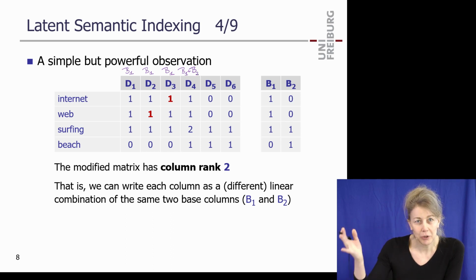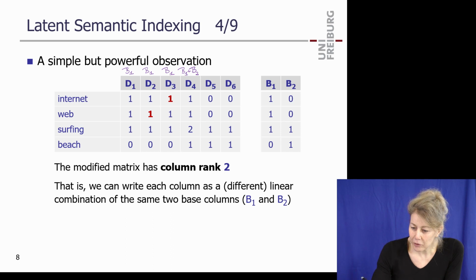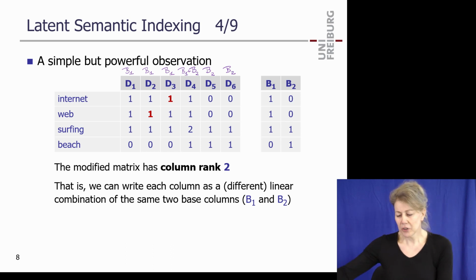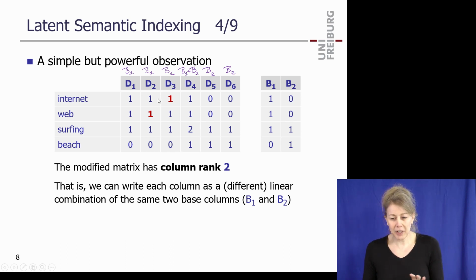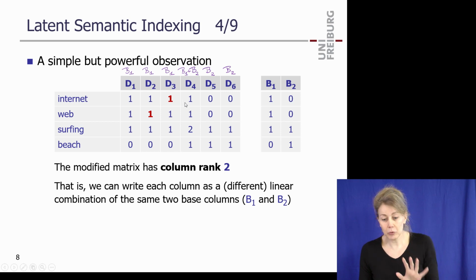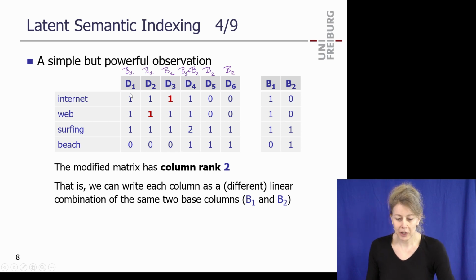It could be 0.2 times 1 plus 0.7 times the others, but it's just a simple example. So now we have proven that this matrix has column rank at most 2, and it has column rank 2 because, for example, the first one and the sixth one are linearly independent. One is not a multiple of the others. So what we have here is a low rank matrix.